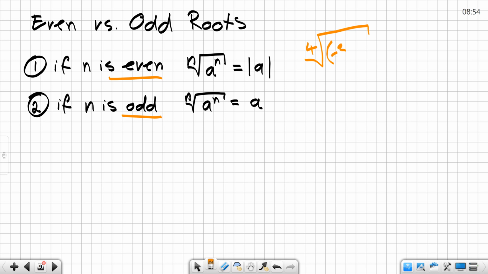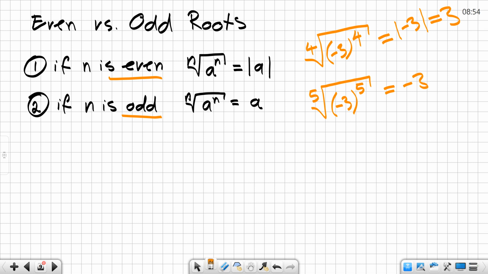So if I have now inside here a negative 3 raised to the 4th power, then according to this rule, because 4 is even, I will get the absolute value of a negative 3, which is positive 3. If I were to look at the 5th root out of a negative 3 raised to the 5th power, now we have an odd root, and that will give us just negative 3.